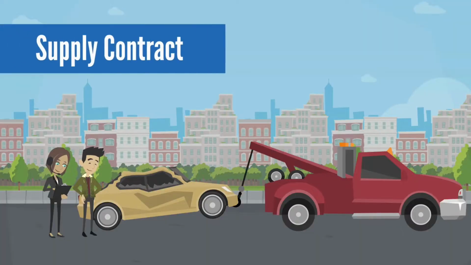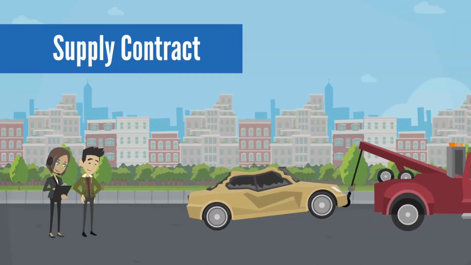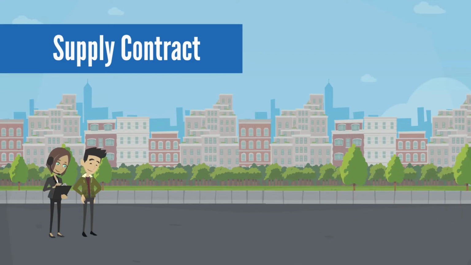And then we move into the supply contract. Now, the supply contract, we use it for providing space, for purchasing space, for purchasing goods, right? We need to manufacture a new transformer somewhere overseas, we use a supply contract.